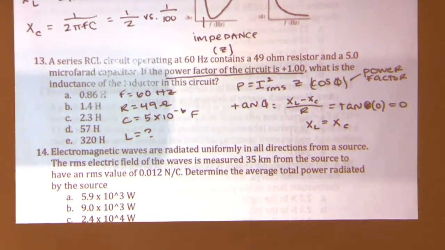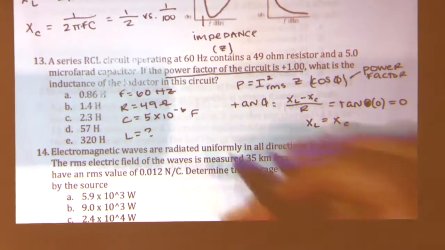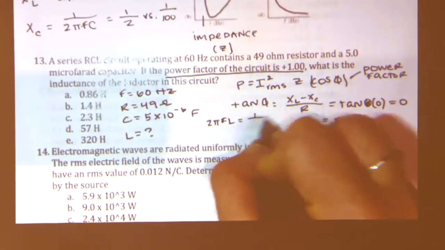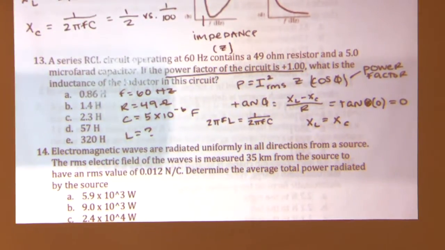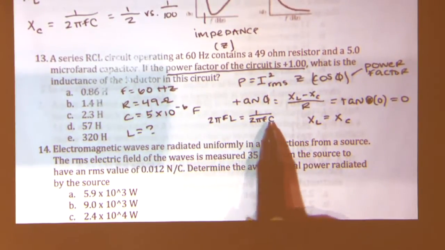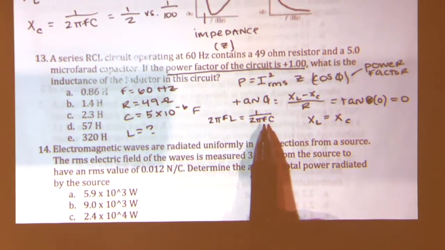So if we know XL is equal to XC, we know that 2 pi FL will equal 1 over 2 pi FC. And we have everything we need to solve for our XC over here. So we have 2 pi, our frequency is 60 hertz.